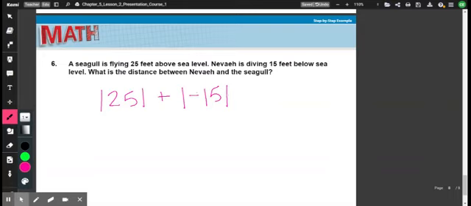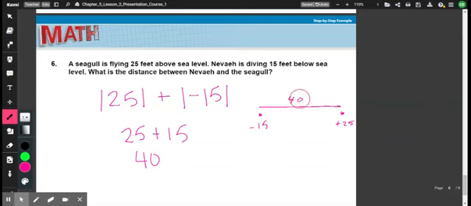So 25 plus 15, because 15 is the absolute value of negative 15, will give us 40. So the total distance between positive 25 and negative 15 is going to be 40 units.